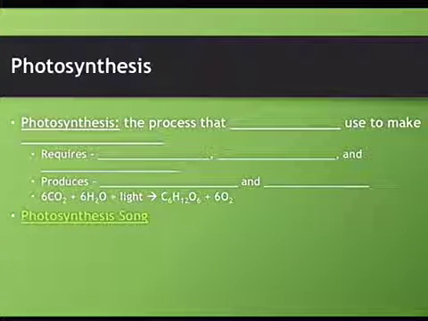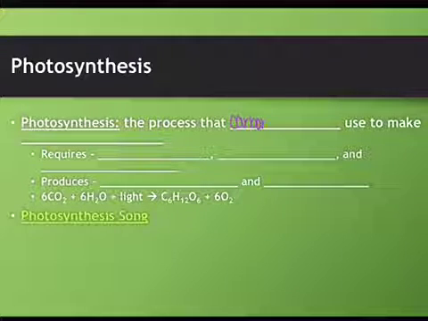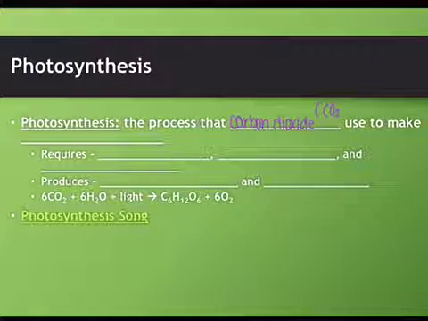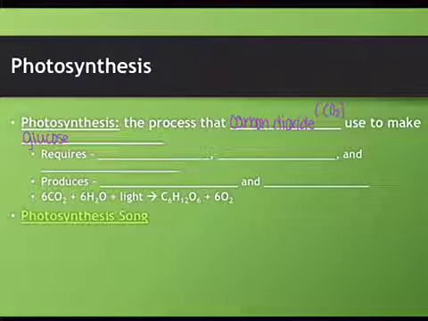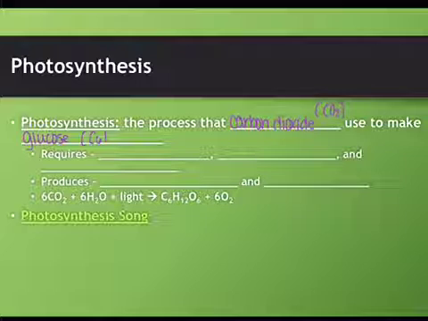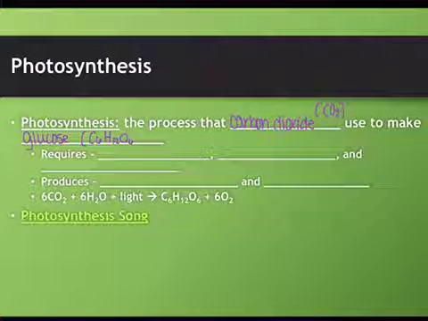So photosynthesis is the process that takes carbon dioxide, and we're going to start to abbreviate carbon dioxide as CO2, and we use it to make glucose. And remember, glucose is C6H12O6.